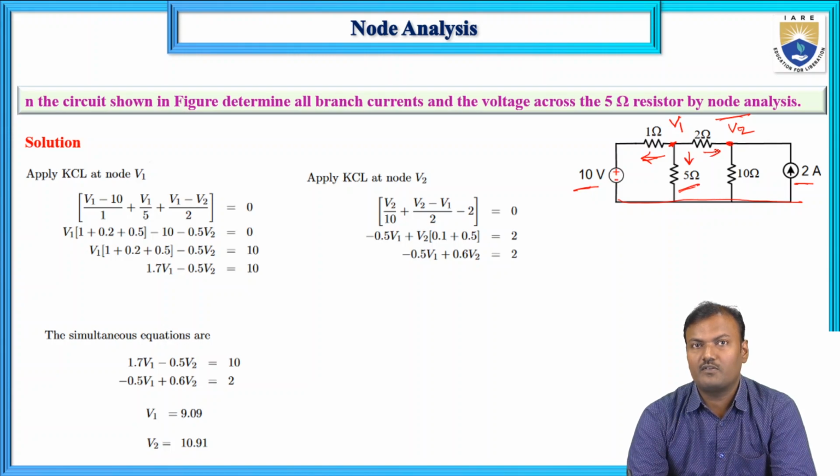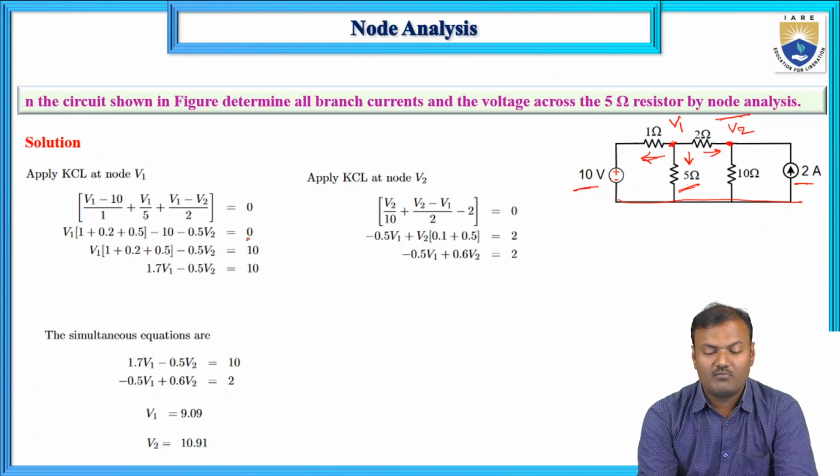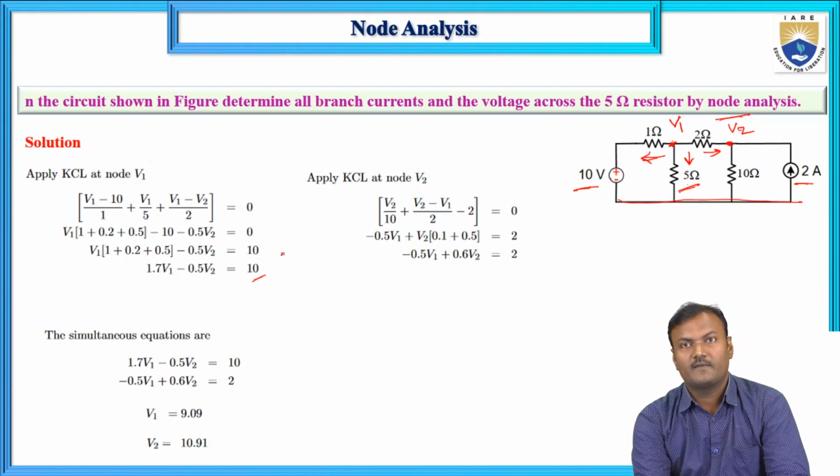3 currents are leaving from this node. V1 minus 10 divided by 1, and V1 minus 0 divided by 5, and the last one is V1 minus V2 divided by 2, equal to 0. By simplifying this equation, we will get 1.7 V1 minus 0.5 V2 is equal to 10.